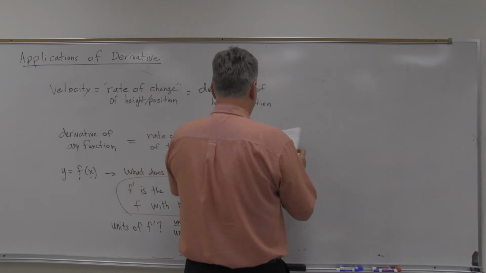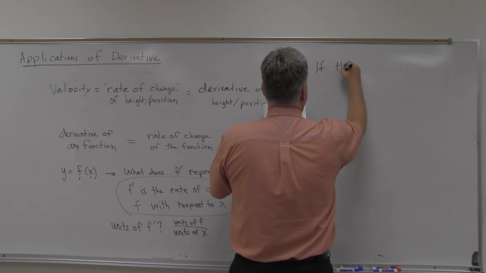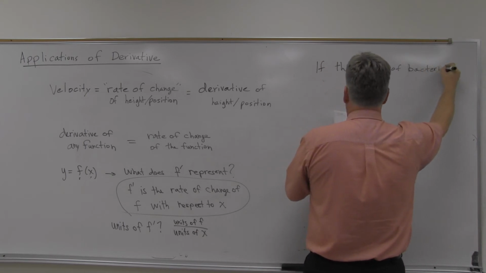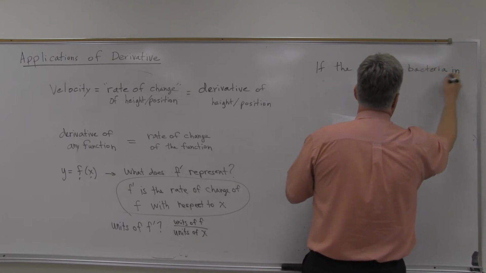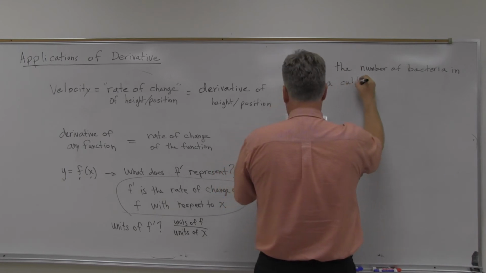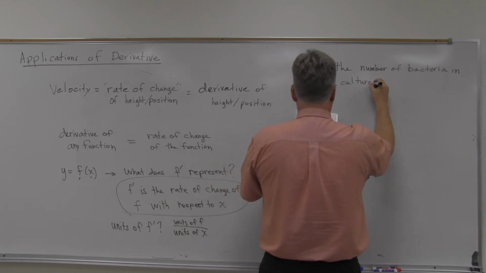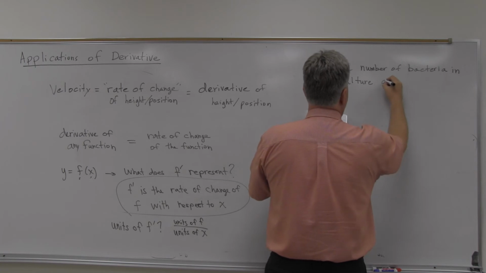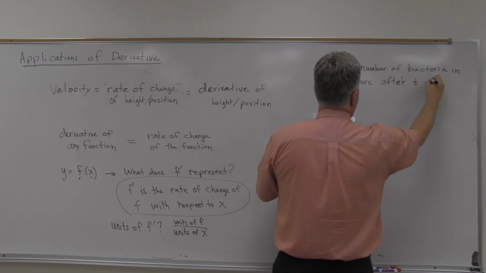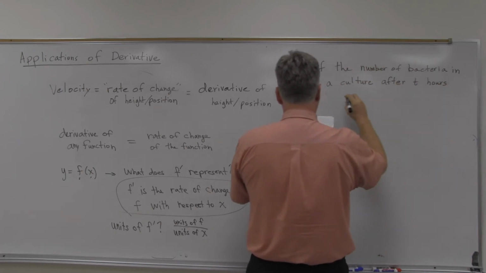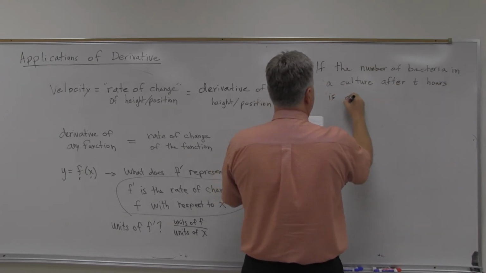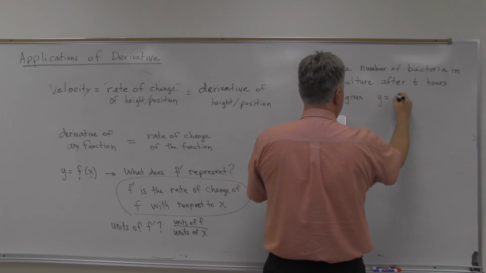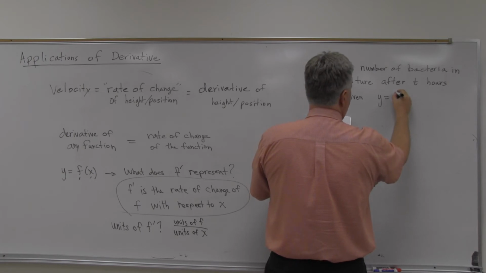Suppose the number of bacteria in a culture after t hours is given by y equals some function of t, let's call it b of t.